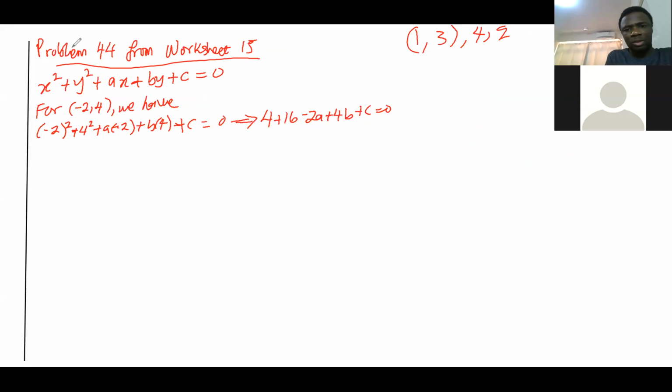Okay. So the equation we can get from here is -2a plus 4b plus c equals -20. Is that clear? For those of you that have done it, am I right?